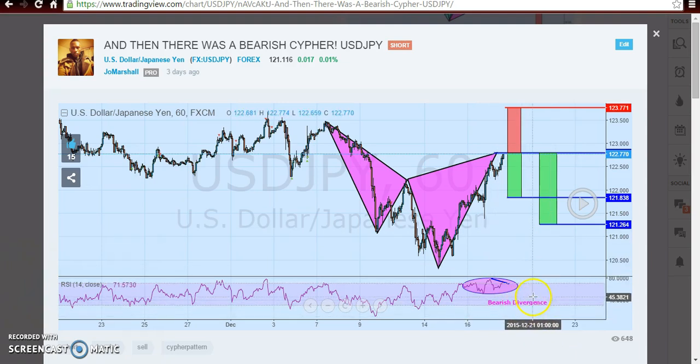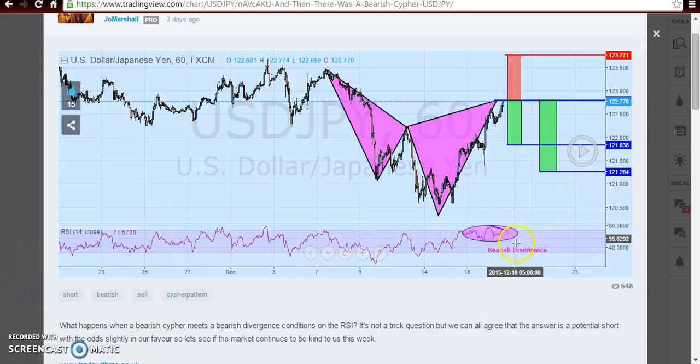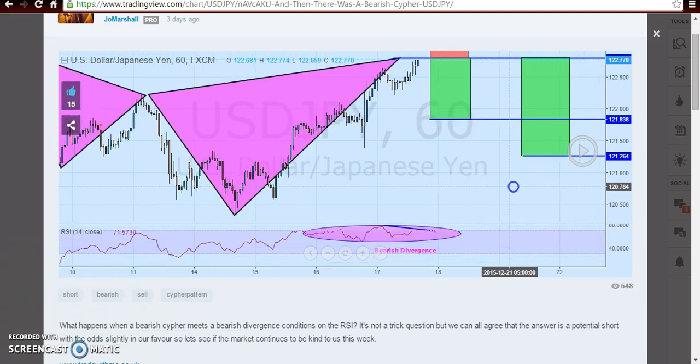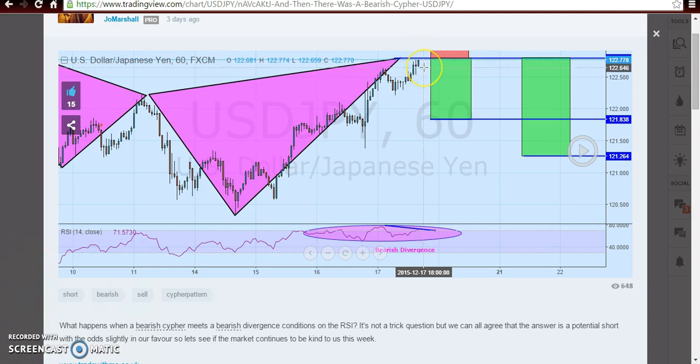So as you can see on this trade, after I identified the cipher pattern, look what happened here. I put right there that we had a bearish divergence on the RSI. A bearish divergence simply means a situation where we get a higher high on our chart, higher close, but on our RSI, instead of getting a higher high, we get a lower high.